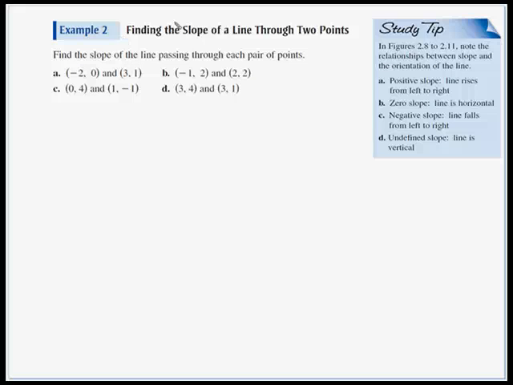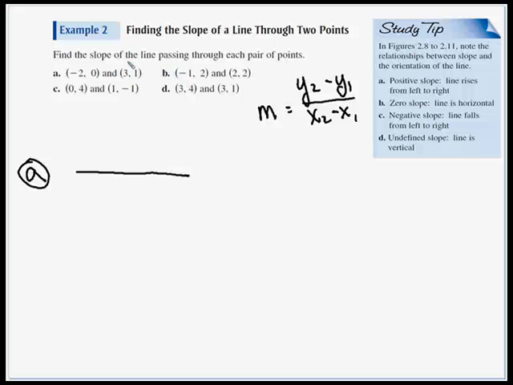So example 2, find the slope of the line passing through each pair of these points. I'm just going to come up here and write our equation. M for slope equals y2 minus y1 over x2 minus x1. So for part A, our numerator, subtract the y values.